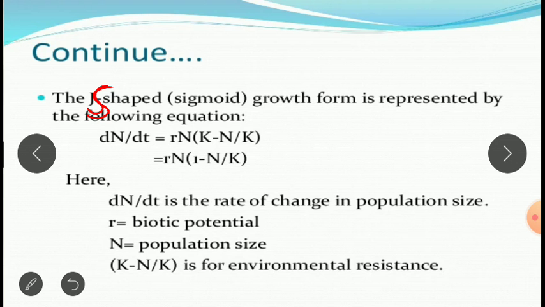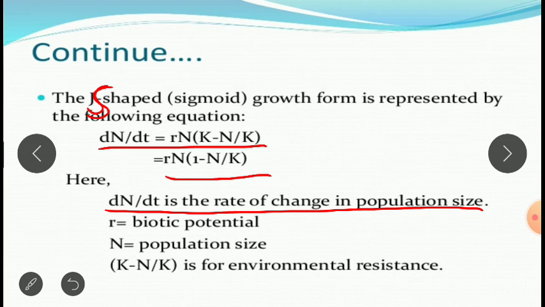So the S shaped sigmoid growth form is represented by the formula dN/dt = rN (K - N)/K, which can also be written as rN(1 - N/K). Here dN/dt is the rate of change in the population size at time t. r is the biotic potential, that is the intrinsic rate of natural increase.